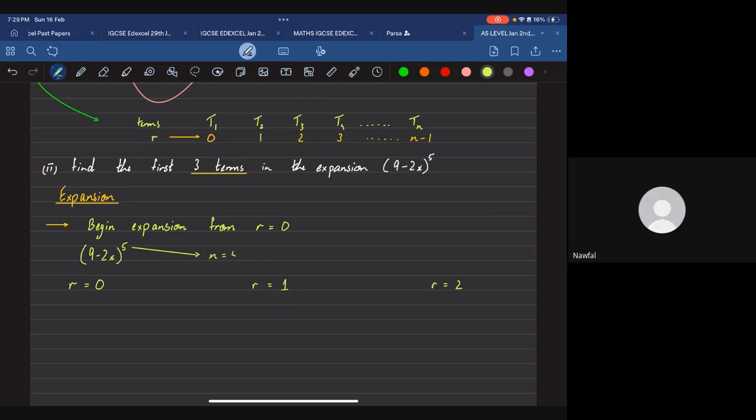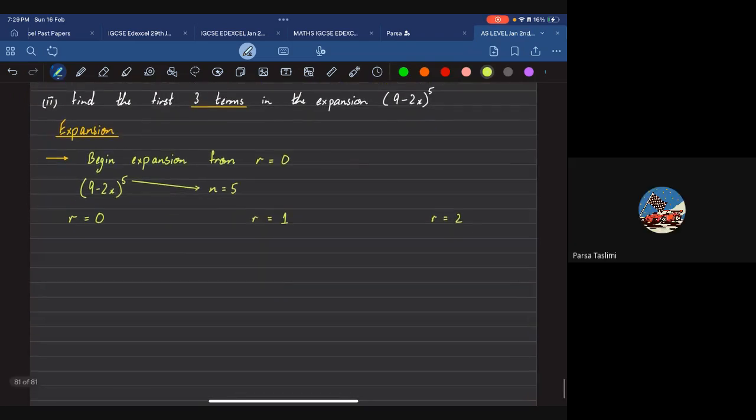Yes, sir. Now, simply again the formula. So it's going to be nCr, which is going to be 5C0 times a raised to the power n minus r, which is 5 minus 0, times b.